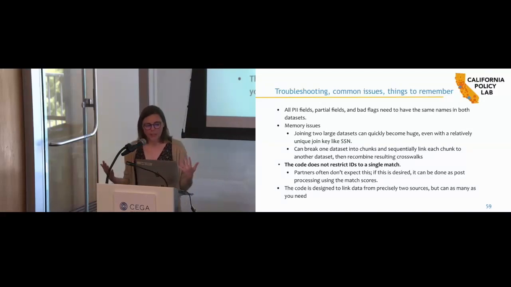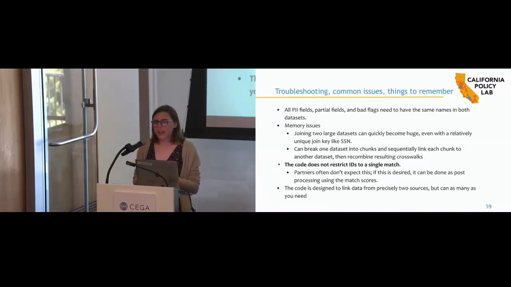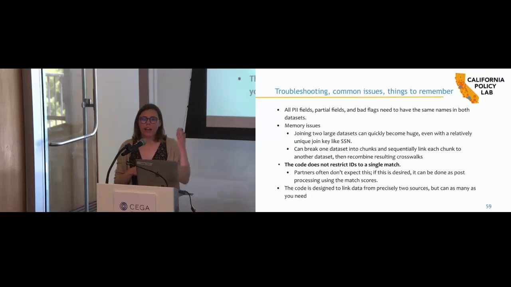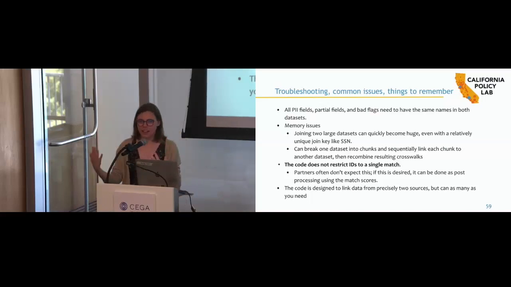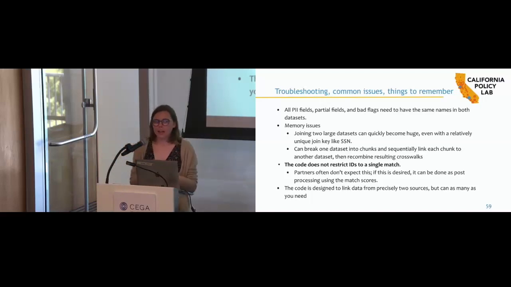An important point is that the code does not restrict the IDs to a single match. So you can have a case where A matches to both B and C, and you have to decide, do I want to keep all of those together and assign them the same identifier, or do I maybe want to just keep the pair that has the highest score? So that's also part of the strategy as well.